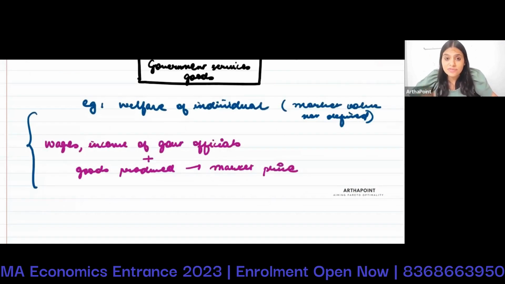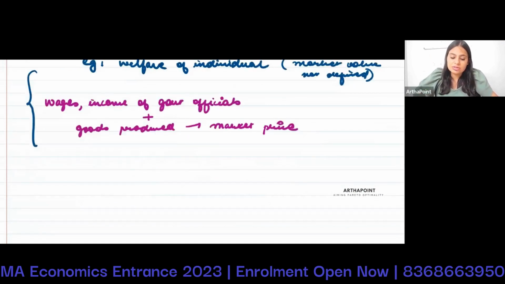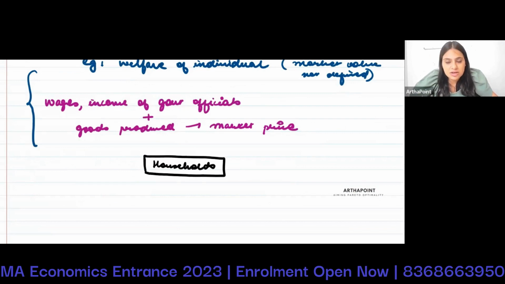And because of this, we can come to the third case, which is households. The services of a housemaker, the affection provided by grandparents for their children, all that is not included in GDP because I cannot find the market price for those products.